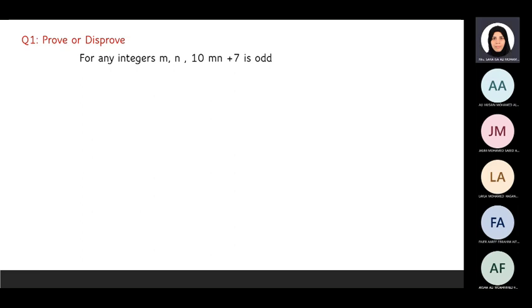But because we know that the contrapositive is logically equivalent to the statement itself, we will think about a proof by contrapositive. What does it mean? I will not prove the statement itself, but I will prove its contrapositive, because they are logically equivalent. How to prove the contrapositive? Directly.